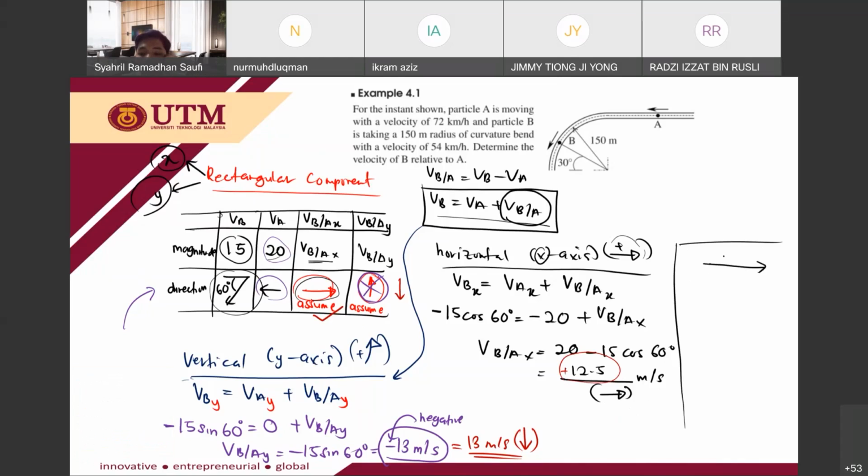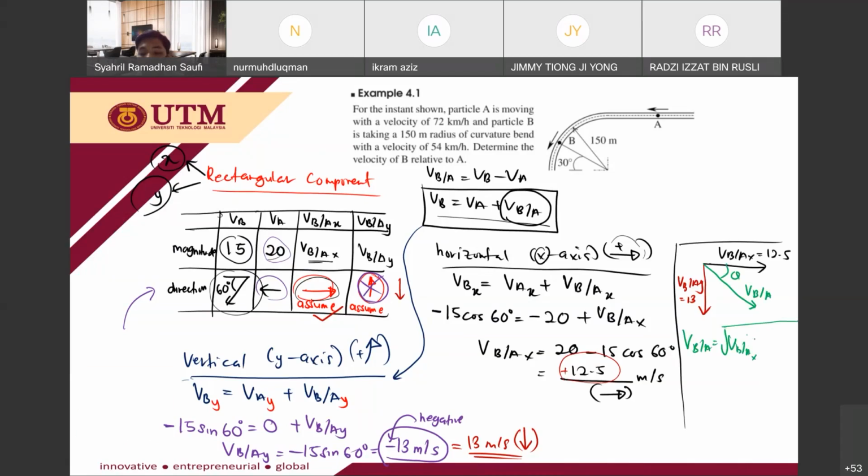VBAX is to the right with 12.5, and then VBAY is 13 downward, and then your total VBA should be here. So VBA, and this is your angle, theta.